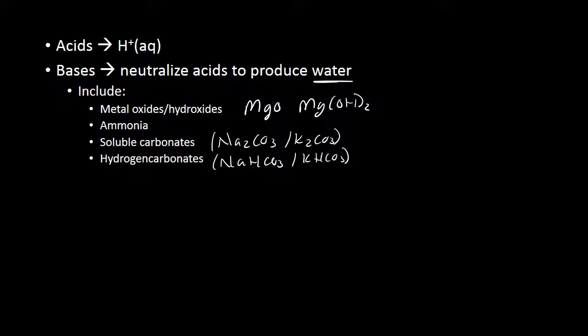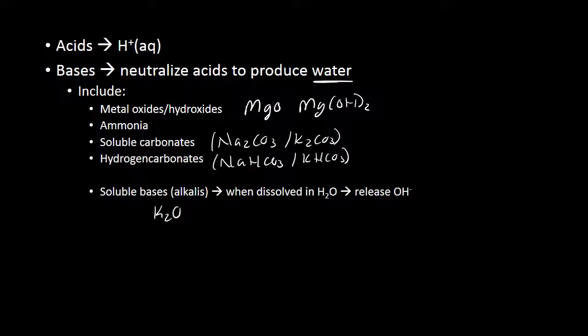Go figure. Now, there are more specific branches of bases called soluble bases, and these are alkalis. That's what they're also known as, because when these bases are dissolved in water, they release that traditional hydroxide ion that we associate a base with. So an example is if you have K2O and we put that into water.